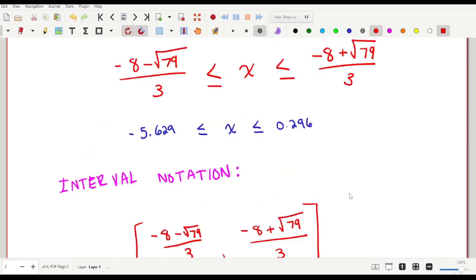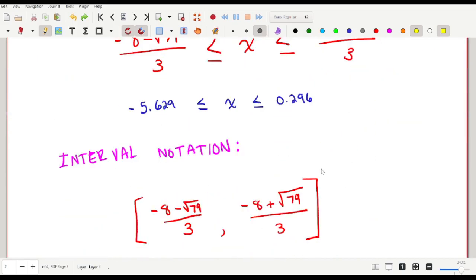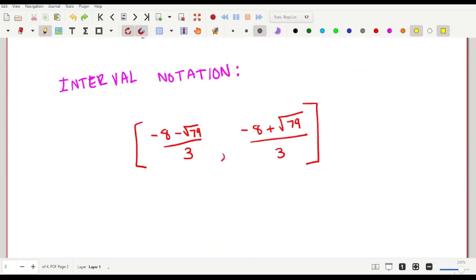If for any reason we did this test and we found the opposite to be true, suppose that these values were the ones that worked out and this value didn't, we would have to say that x goes from negative infinity all the way up to this value, and then it also goes from this value up to positive infinity. And we'd have to put a big old union sign in the middle, meaning skip this portion. That didn't happen. So for this particular problem, this is our answer.